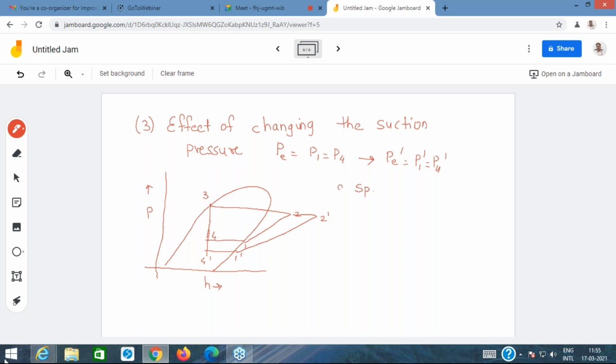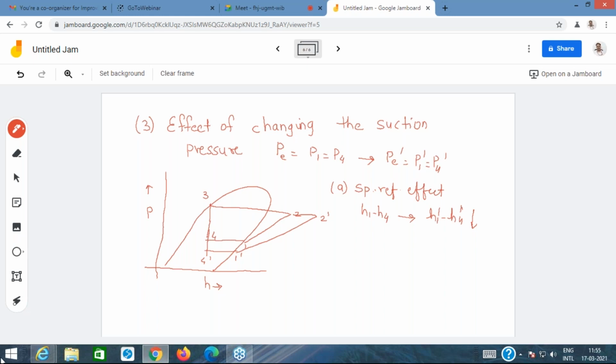Okay. What happens to the specific refrigerating effect? The specific refrigerating effect, which was earlier H1 minus H4, has decreased to H1 dash minus H4 dash. So the specific refrigerating effect has decreased because of lowering of the suction pressure.